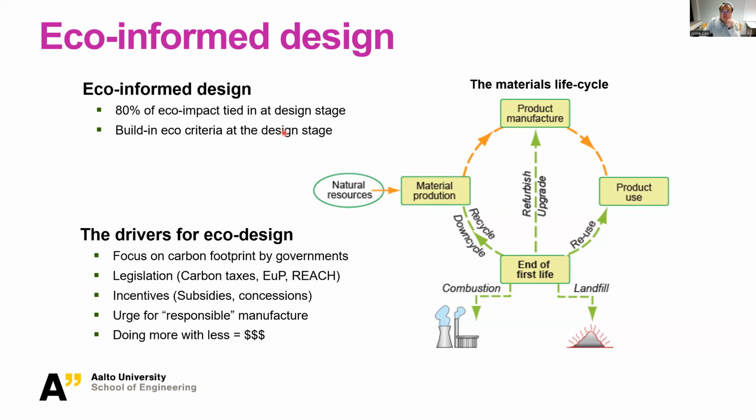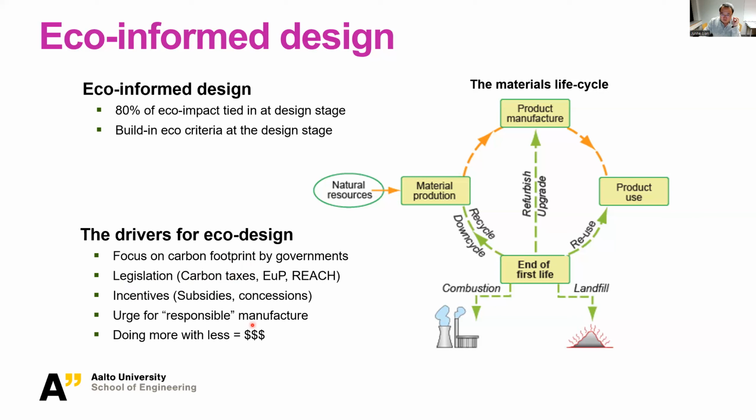So this is basically the strategy we're going to do, and why we need to have the eco-informed design principle in the material selection. And as you can see, the other kinds of instruments, like government-promoted CO2 footprint trackers, and also legislation about CO2 or carbon taxes and so on.